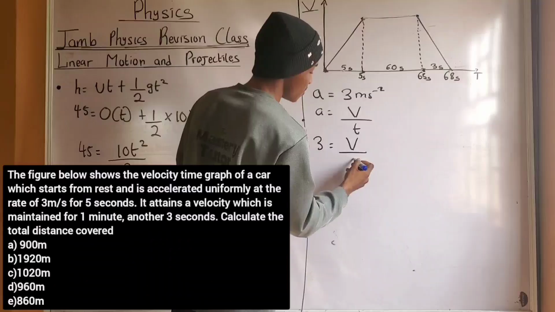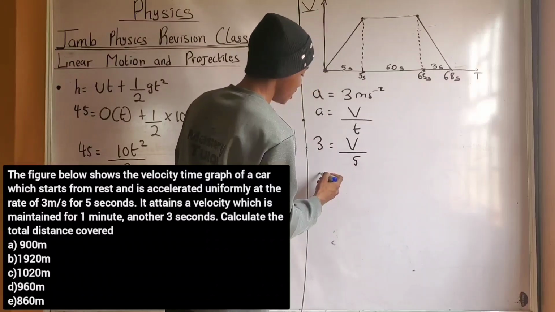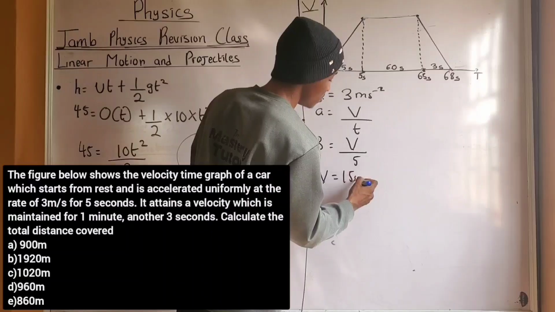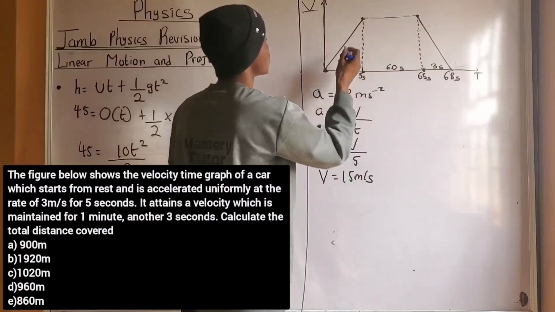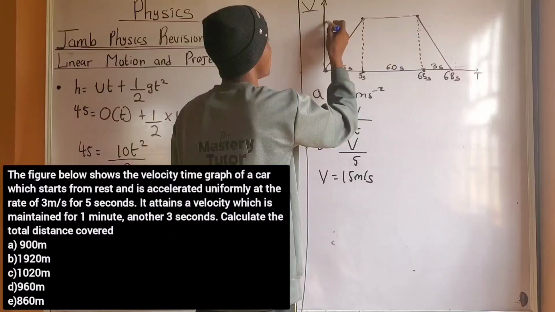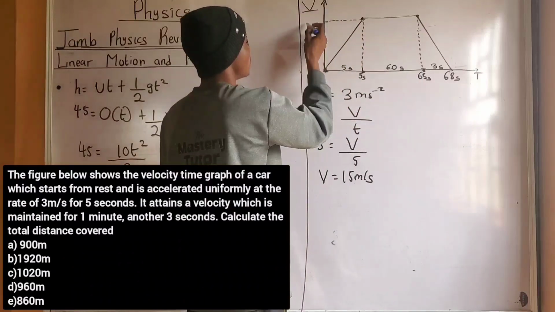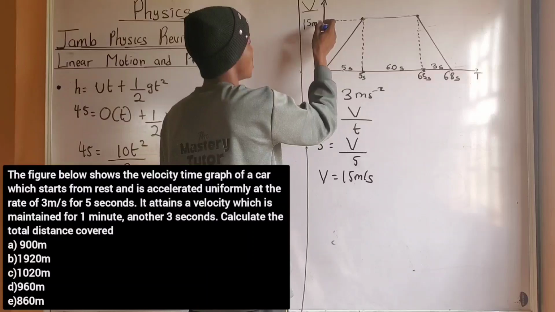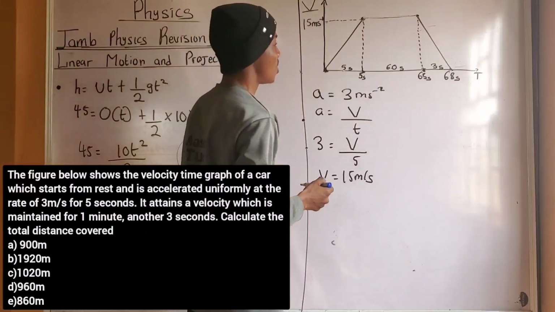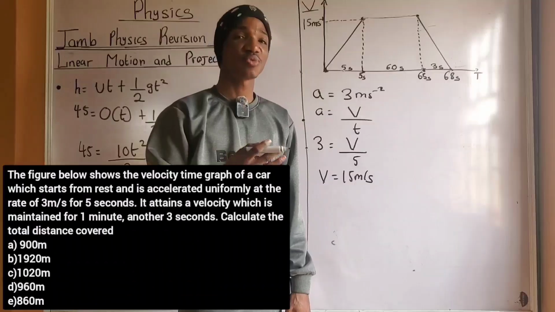Don't forget. So I'm going to have v over 5. That means velocity equals 15 meters per second. So the velocity it attained when it accelerates at 3 meters per second squared is 15 meters per second. Okay. Now we can calculate the area.